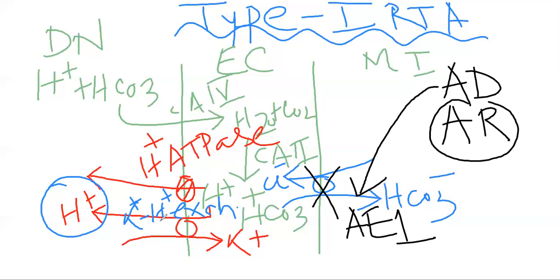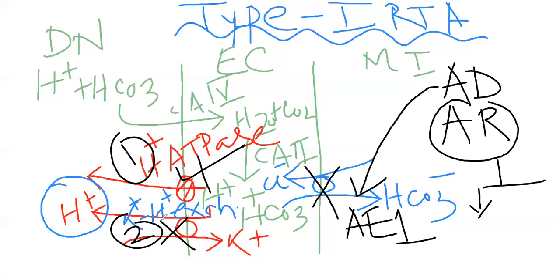Here, the hydrogen ion ATPase pump, channel 1, or the secondary active transport channel, channel 2, can be mutated. Channel 1 and channel 2 mutations are known as the autosomal recessive type of type 1 renal tubular acidosis.